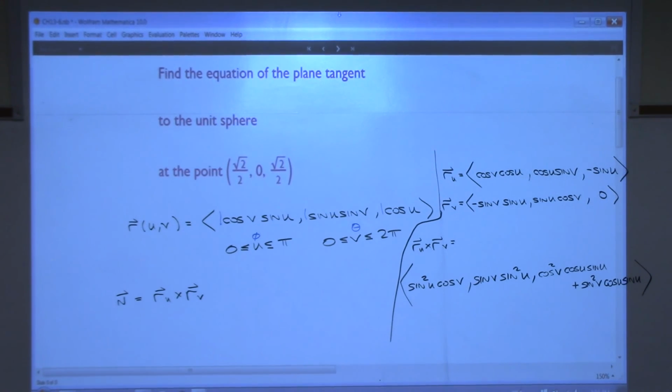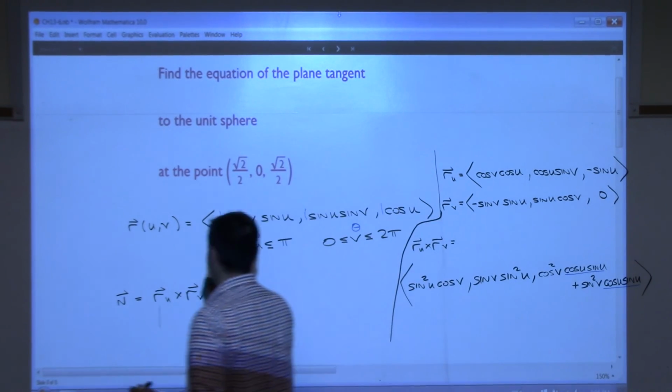Anybody see anything nice? Pull out the cosine. Right here in this last component function, I've got a cosine u sine u, a cosine u sine u. If you pull that out, you're left with cosine squared v plus sine squared v, which is 1. So this last component is really just cosine u sine u, right? So I'll put this over here.